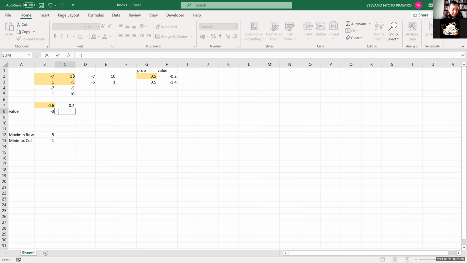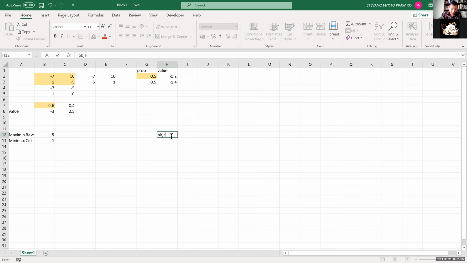That is C2 multiplied by the probability plus C3 multiplied by the probability in G. Correct. Now you set the objective, anywhere you want, it's up to you.